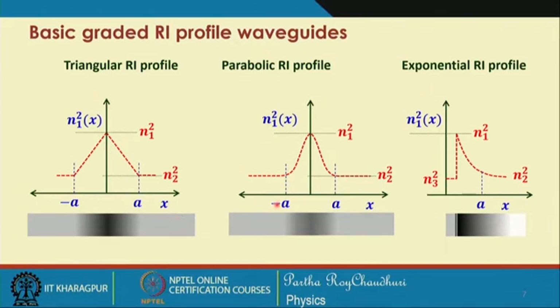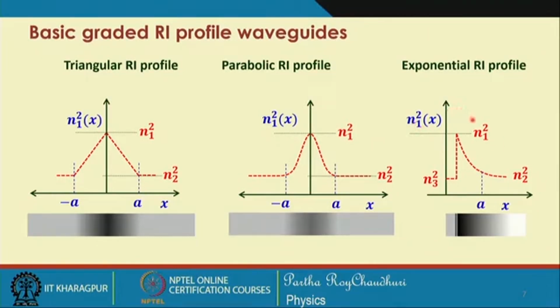Then we have a very common refractive index profile waveguide, which is the parabolic refractive index profile. At the center you have the maximum value n 1 square, and then it falls parabolically as a function of x, like a parabola, and it assumes a constant refractive index n 2 on either side, that is away from the core.